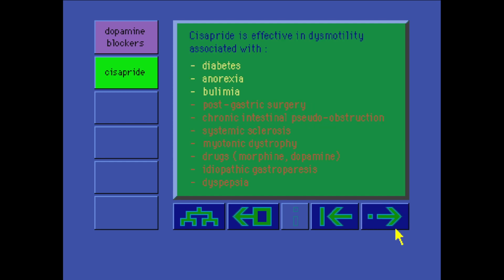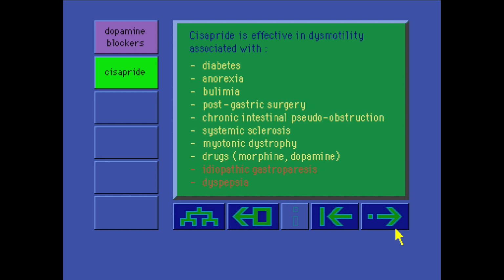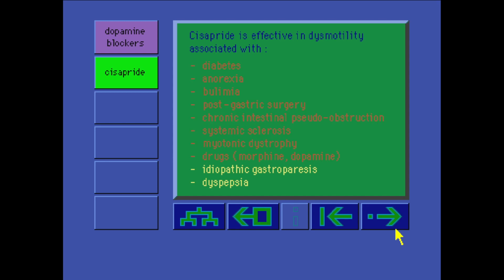The efficacy of cisapride in gastroparesis of different types has been confirmed in a large number of studies. This is a list of conditions which were investigated. Idiopathic gastroparesis and dyspepsia are by far the most frequent gastric motility diseases of this list. Let's therefore concentrate on these indications.